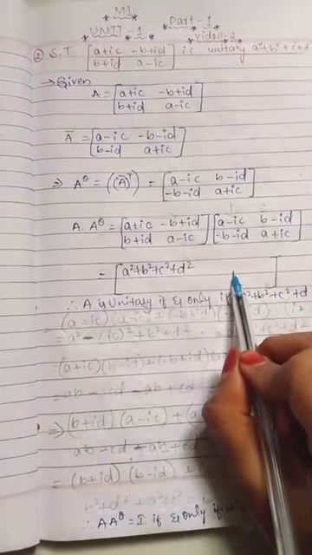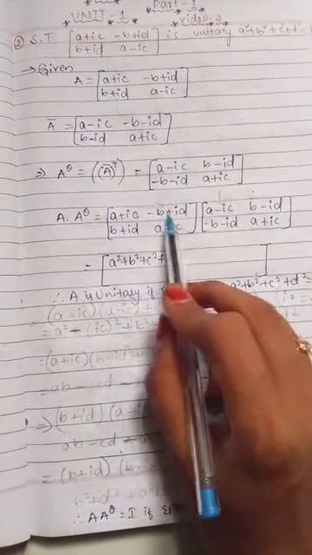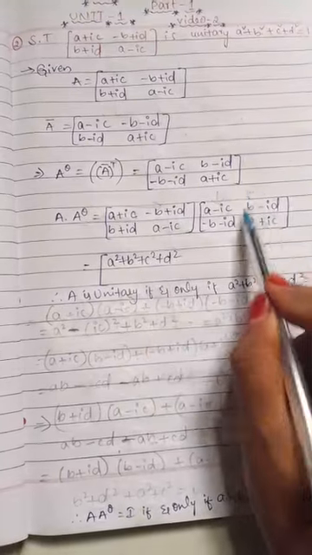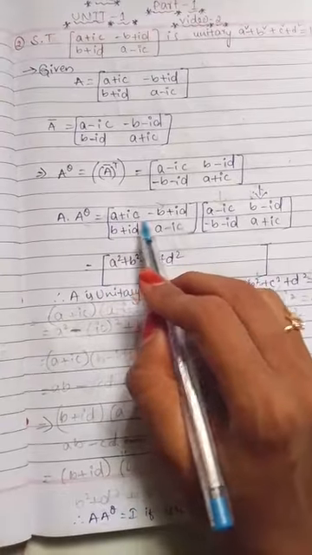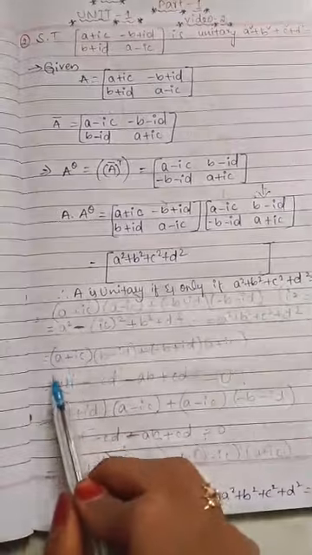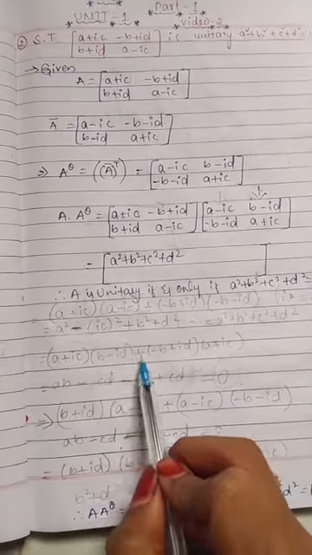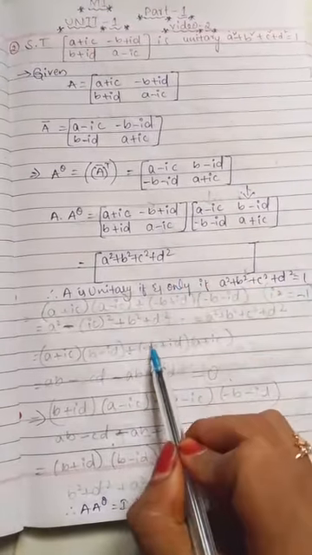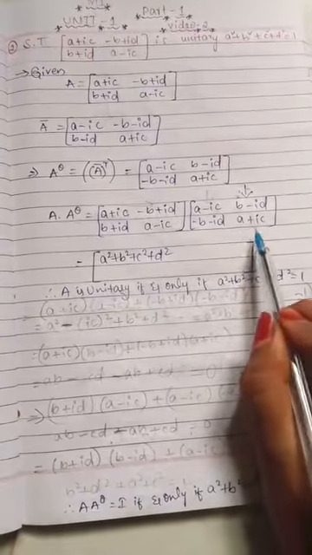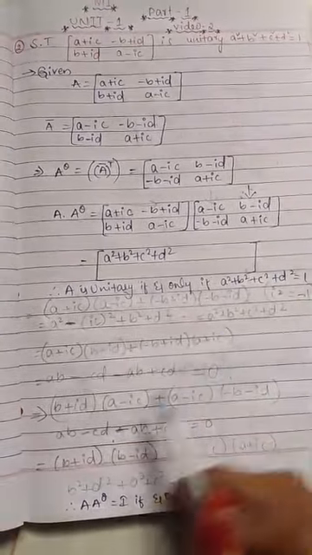Again for this position I have to do first row and second column. A plus iC into B minus iD, plus minus B plus iD into A plus iC.